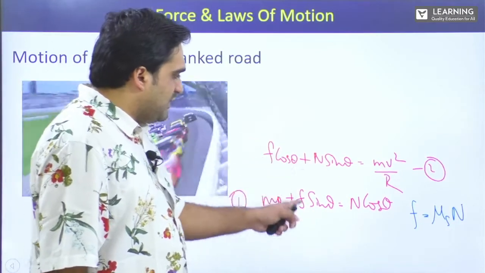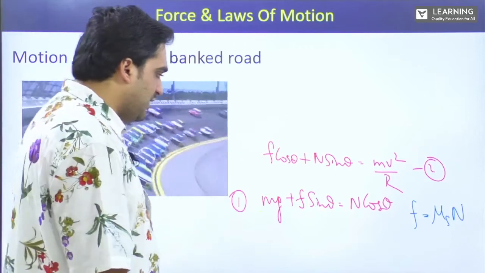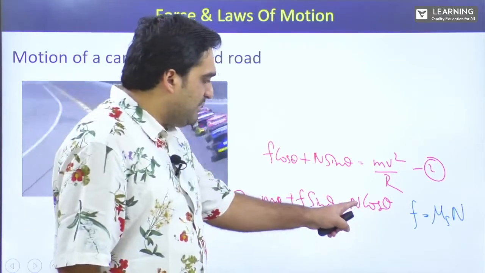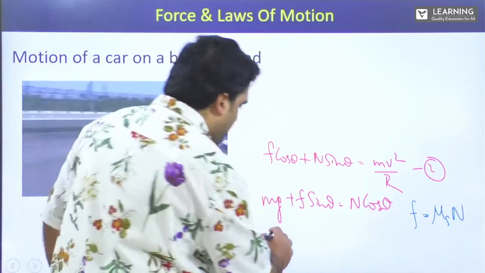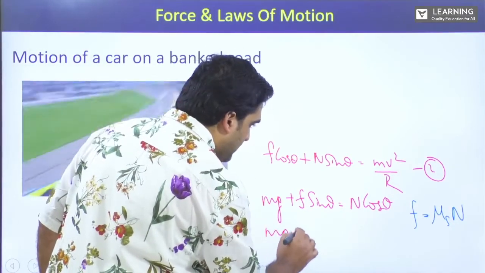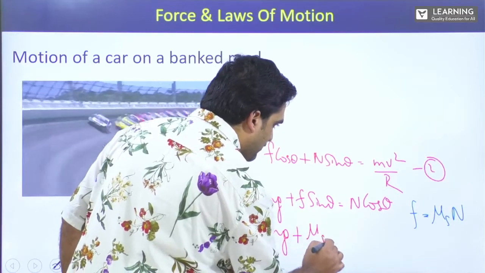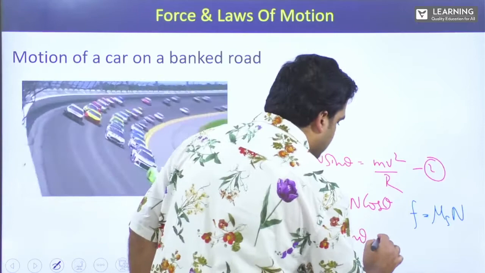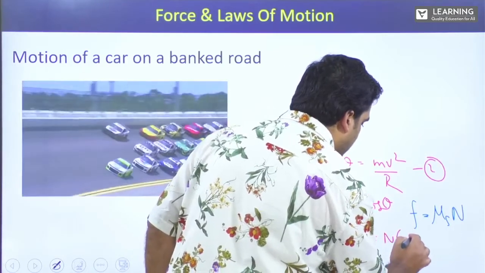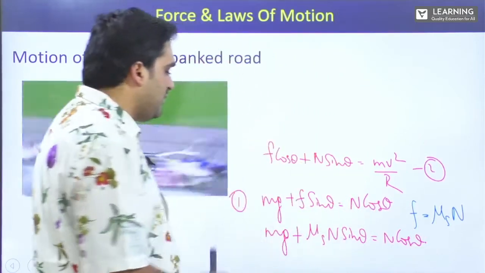In both equations you can substitute mu s times n, but for this one I will equate it to n. So I get mg plus mu s n sine theta is equal to n cos theta. Good.